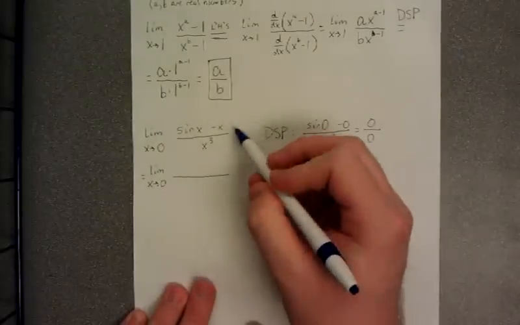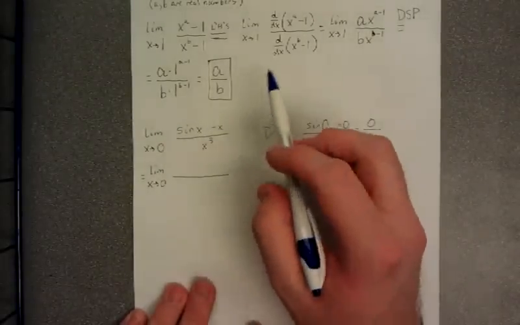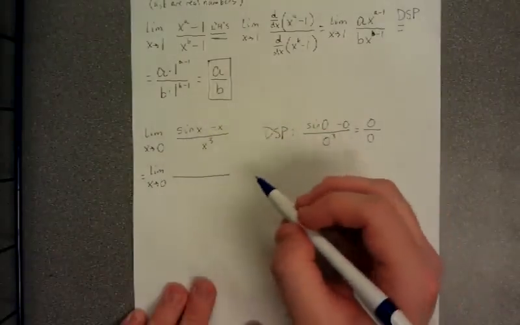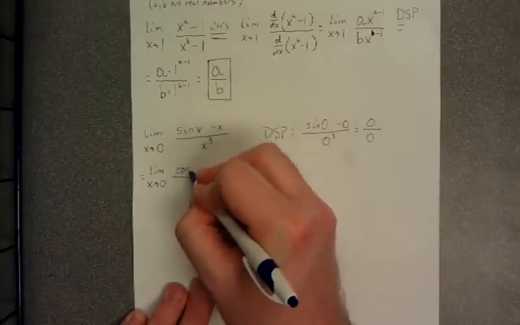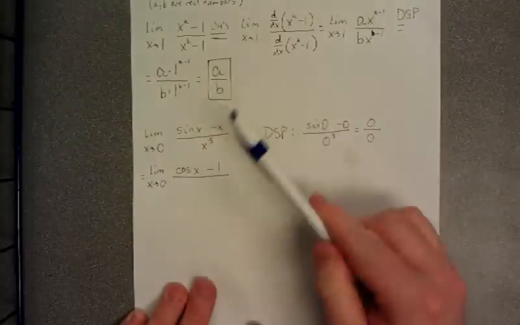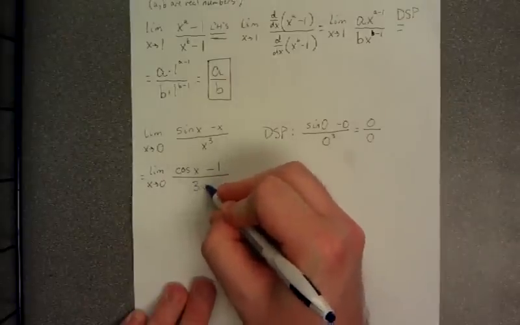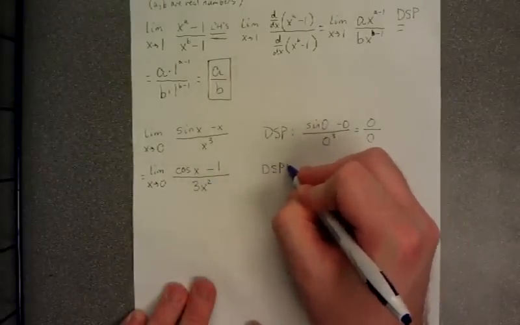Because we're going to be applying it multiple times, I'm going to simply say, hey, we're going to take the derivative of this numerator instead of writing down our notation with the d and the dx's. Derivative of sine of x is cosine of x. Derivative of minus x would be minus 1. In the denominator, we have an x cubed. Derivative of that is going to be 3x squared.